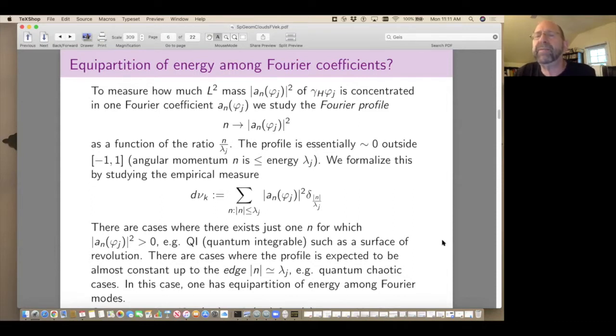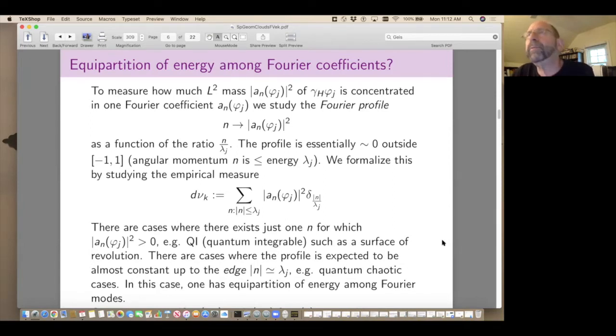So we study what's called the Fourier profile, which is the map from n, the Fourier coefficient index, to the modulus squared of the Fourier coefficient, where n squared is just an eigenvalue of the circle. We view it as a function of the ratio n over lambda_j, where lambda_j squared is the eigenvalue.